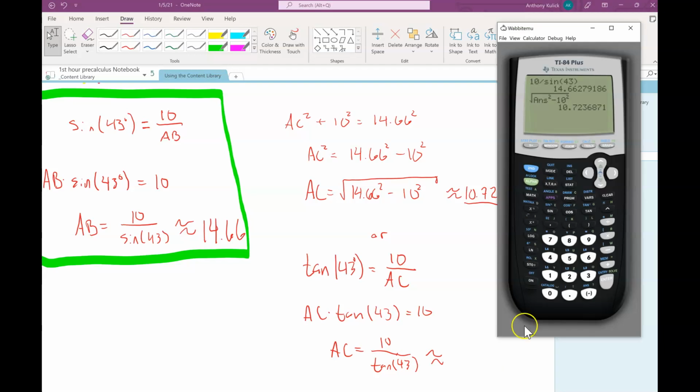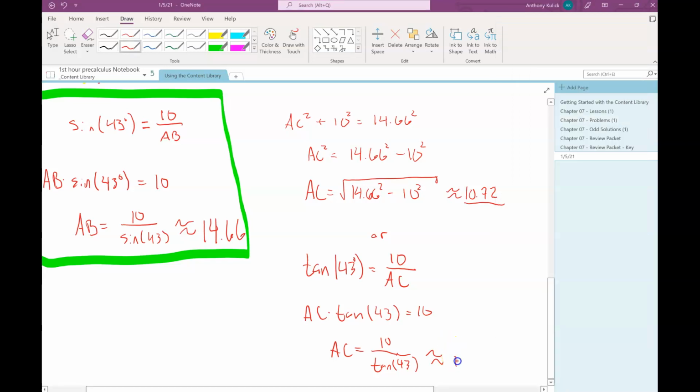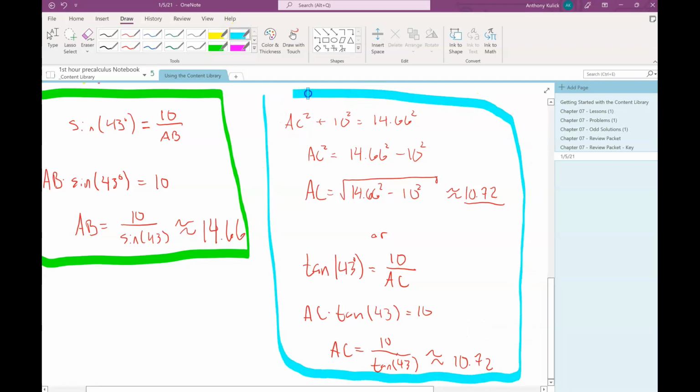And if I go to my calculator, I got the same thing, 10.72. Feel okay here? Okay.